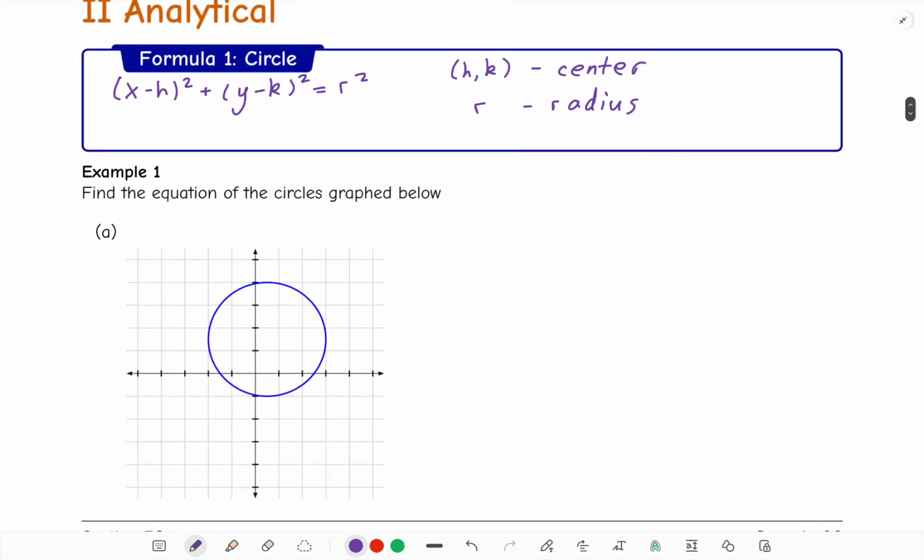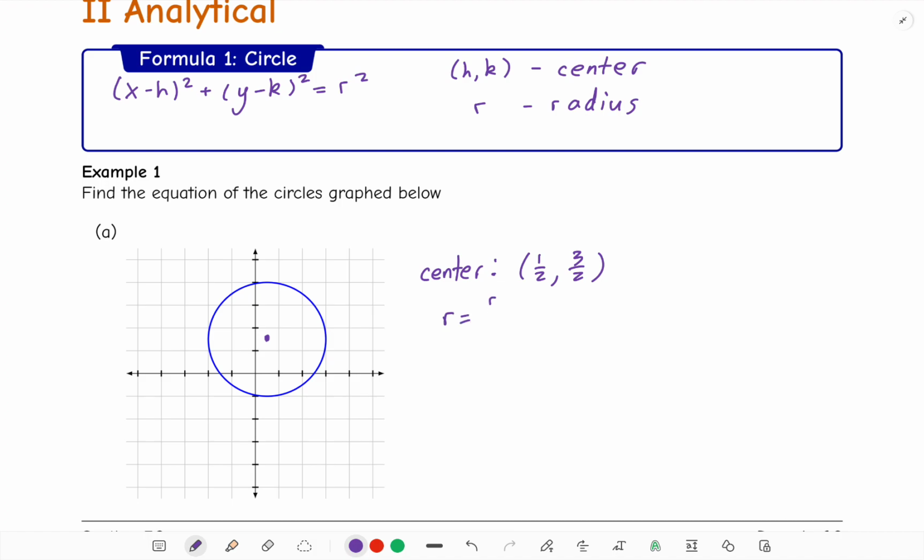So find the equation of the circles graphed below. The first thing we're going to do is find the center, which seems to be about right there. So the center is 1/2, comma 3/2, and then the radius is 1, 2, and 1/2.